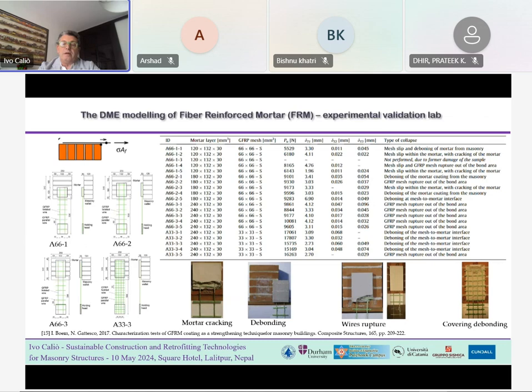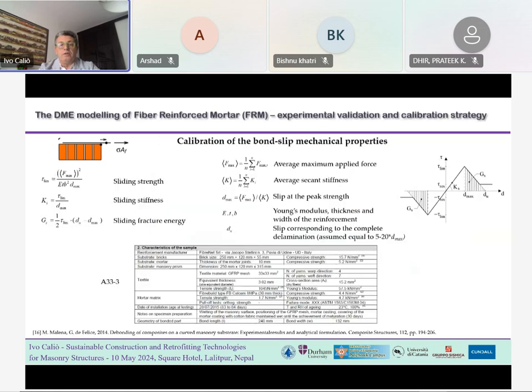Here we can see some comparisons that we did on specific prototype tests in laboratory, and here we can see also the simulation of the modeling of the bond slip mechanical behavior of the reinforcement.